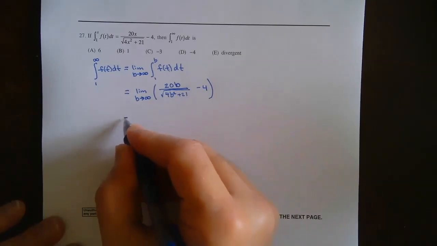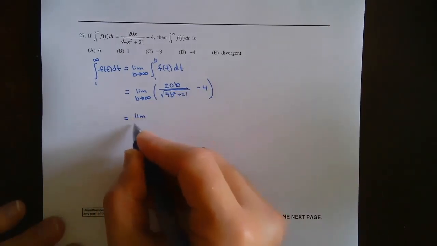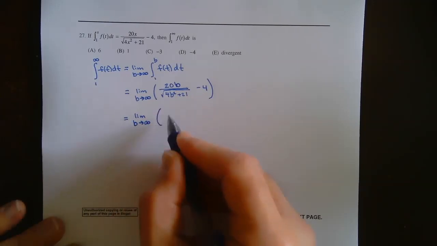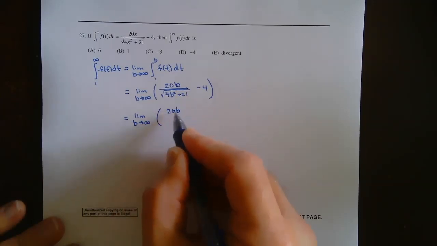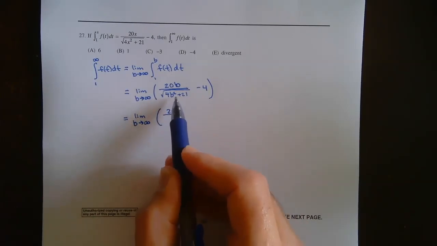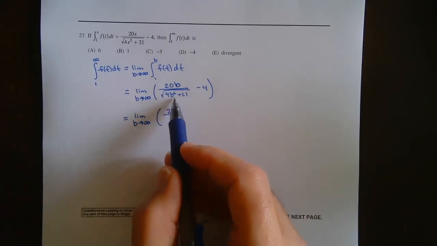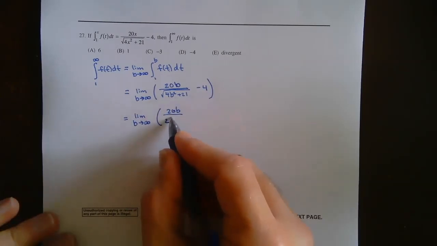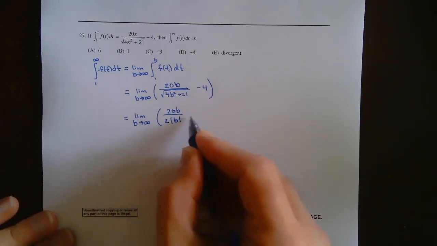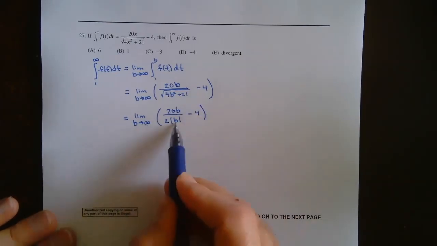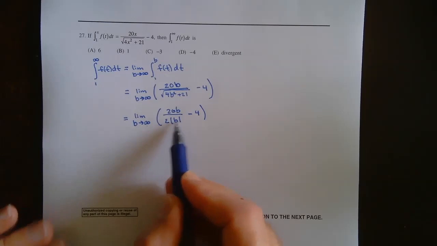So this is equal to the limit as b approaches infinity of 20b over the square root of 4b squared, which would be 2 times the square root of b squared, which would be 2 times the absolute value of b, minus 4. Now, because b is going to infinity, we don't need the absolute value, right?